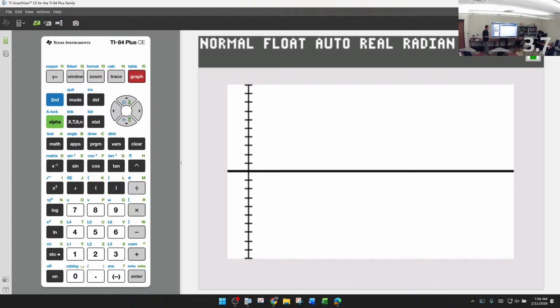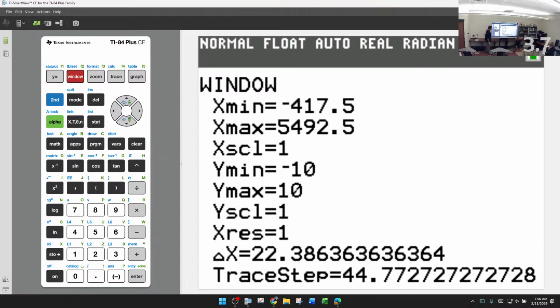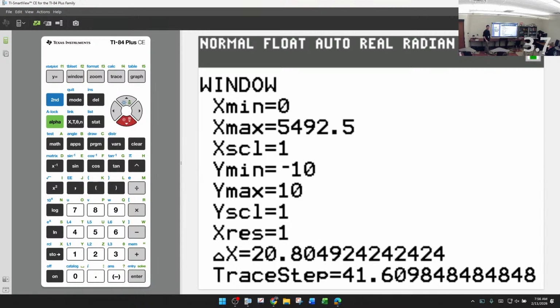You gotta start messing with this thing. Window, there's no telling what mine looks like. Look at my X min is negative 400, and that's probably too much. I don't know. That might be too much. May not be enough. I don't know.